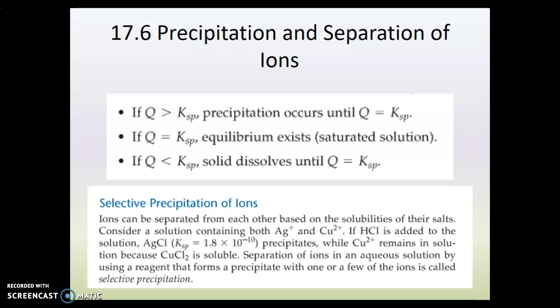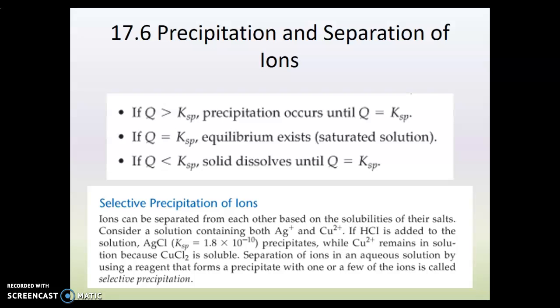Precipitation and separation of ions. So this is selective precipitation of ions. You can do this based upon the different solubilities of the ions. This is a pretty advanced chemistry topic. Just know that if you have two ions in solution, and you're trying to precipitate one of them, for example, silver and copper, right?